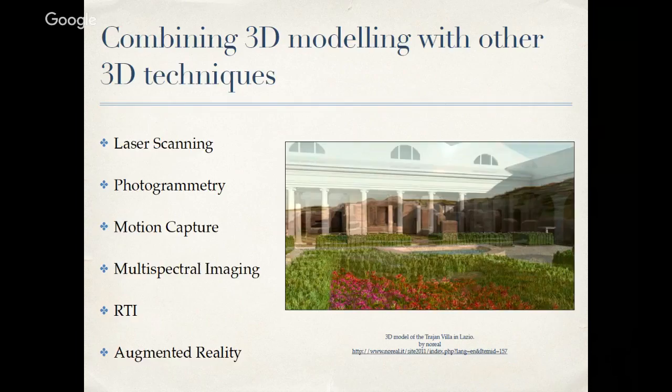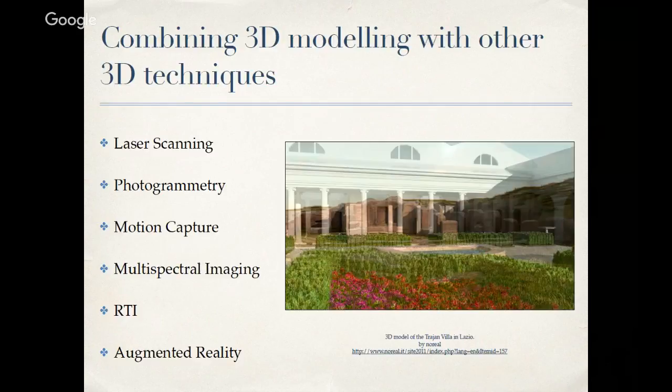And another thing that I want to mention quickly is that 3D modeling is a very interesting technology per se, but I think that the best approach to all the various 3D techniques, which is also why we have decided to have this block on 3D, is the way they interact and how they can be used together and how they can enhance each other.